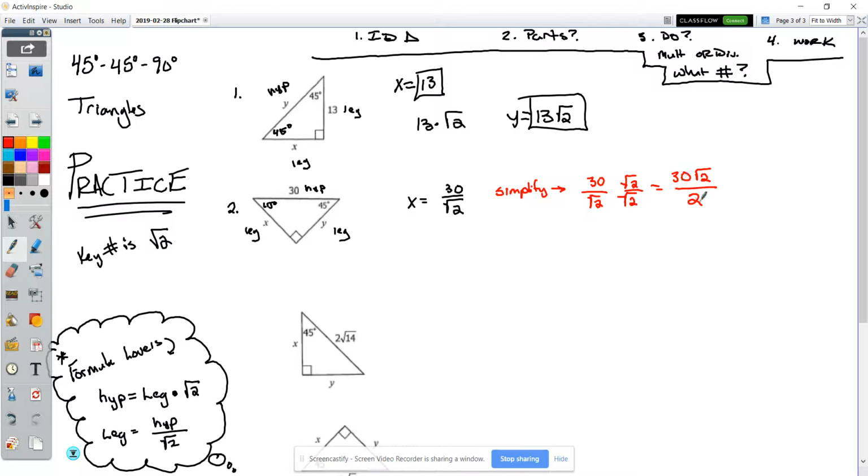Now I can simplify a little further because 2 and 30 can be canceled, and I end up with 15 square roots of 2 over 1. So I can just write that as 15 square roots of 2. So I'm going to say x equals 15 times the square root of 2. And that's also true for y.